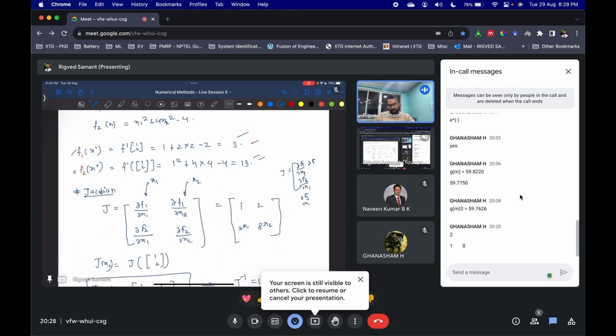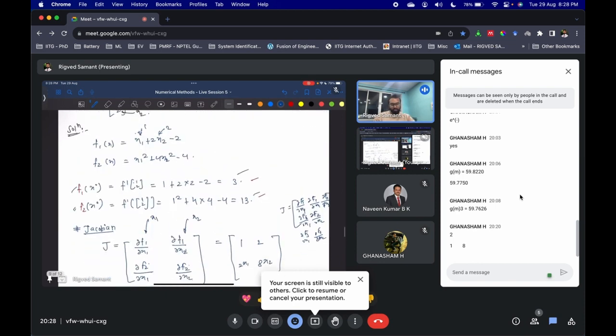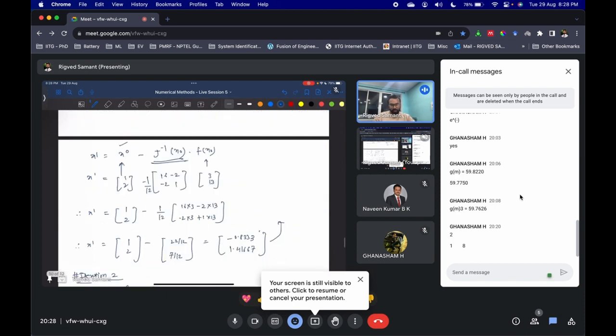Similarly, dou f1 divided by dou x2, dou f2 divided by dou x2, dou f3 divided by dou x2, and similarly dou f3 divided by dou x3. Okay, so you get an idea, right? So this 3 by 3 matrix you will have, again initial case you will have 3, and same goes.